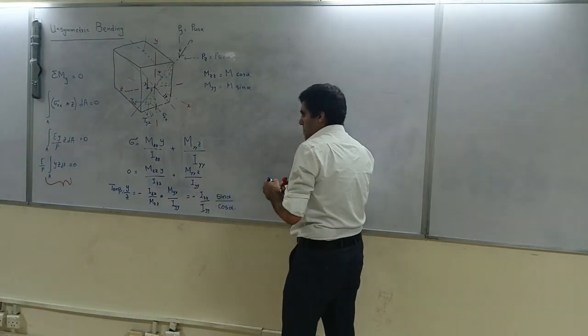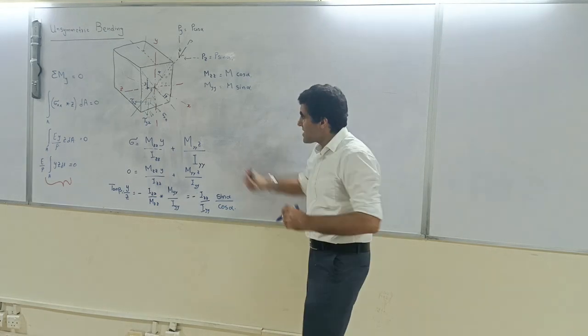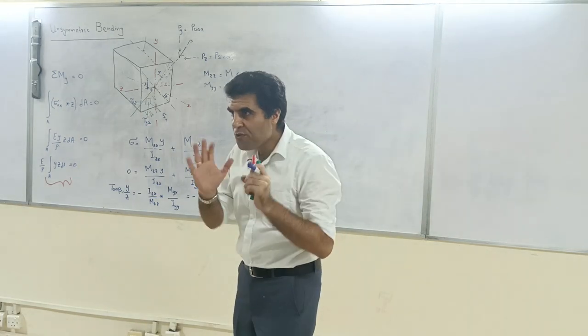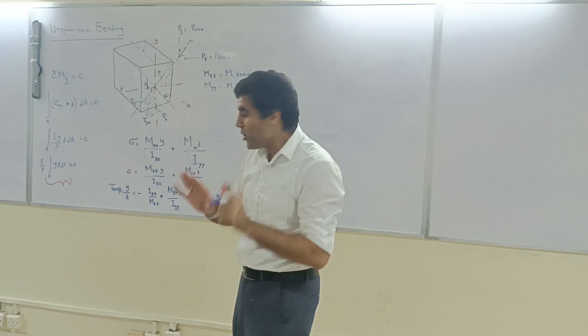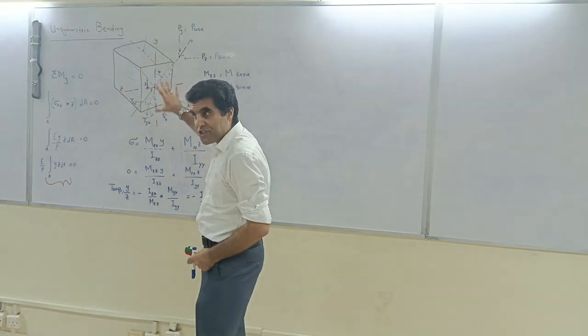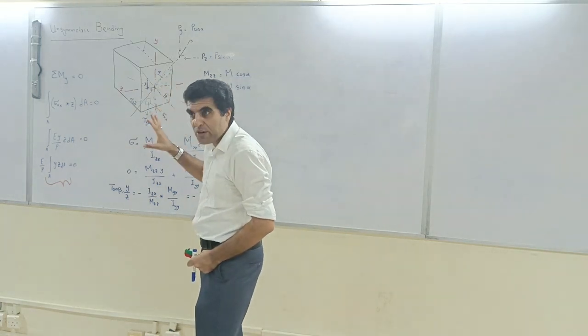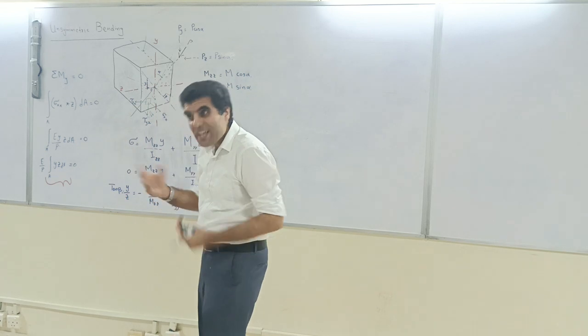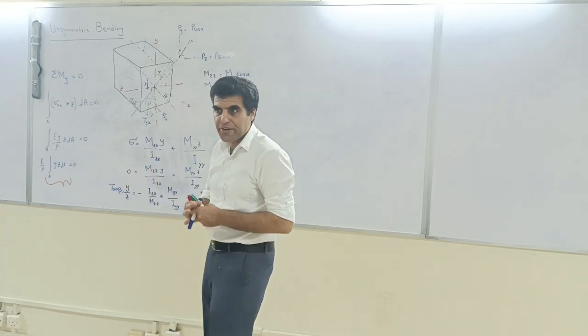Now, the story so far, whatever we have done, was limited to a rectangular cross section, which is a symmetrical cross section about both axes. What happens if our cross section is different?